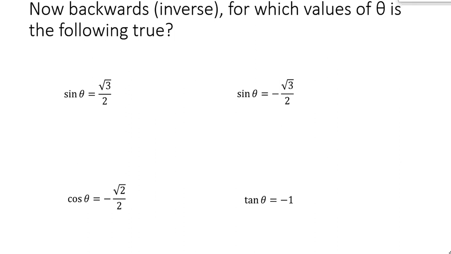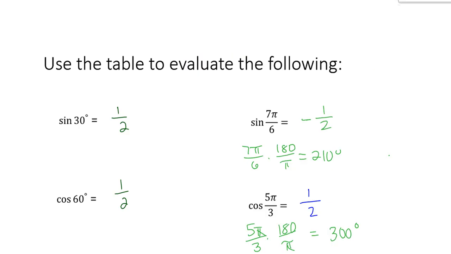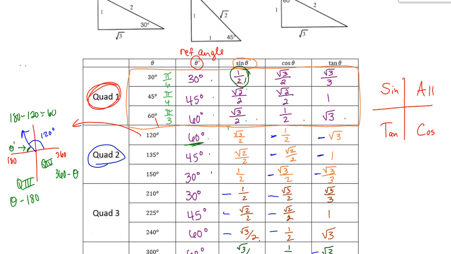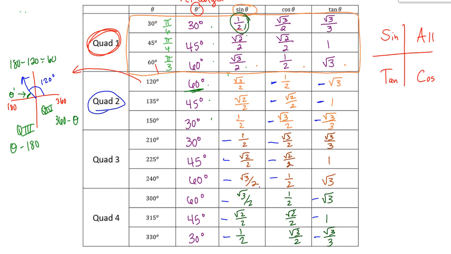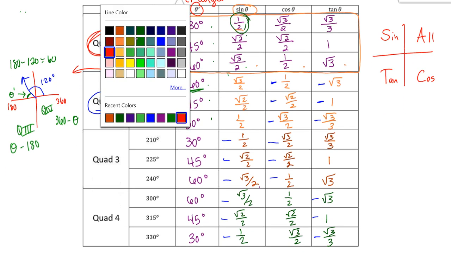Okay, now let's use this idea in reverse. This question says the sine of theta, some angle, is equal to the square root of 3 over 2. So what we're going to do is look back in our table and say, okay, sine is square root of 3 over 2. Let's look down here and see what we can find.